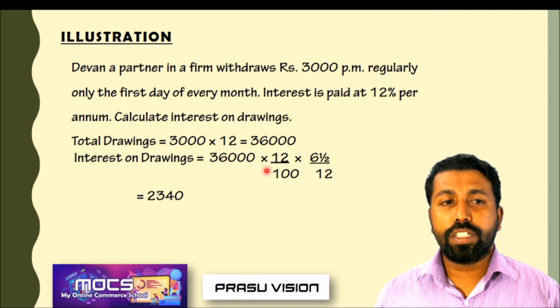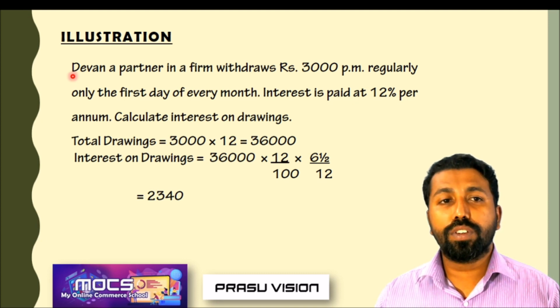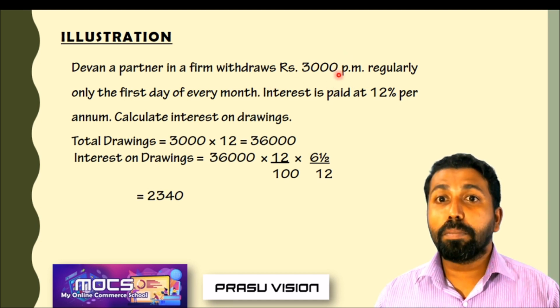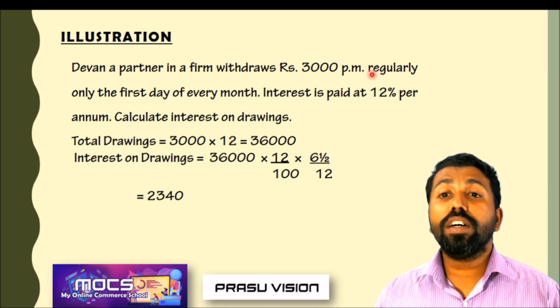From this illustration, we are going to learn the first case of calculating interest on drawings. Devan, a partner in a firm, withdraws rupees 3,000 per month. Remember the words per month, but the interest is calculated for the whole year. He withdraws regularly on the first day of every month.